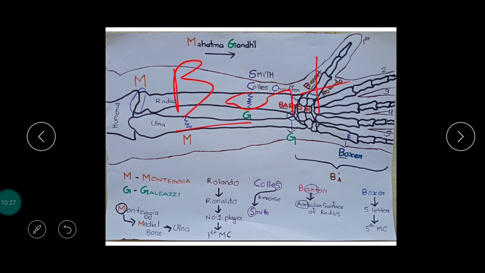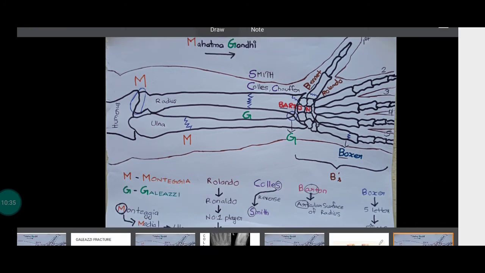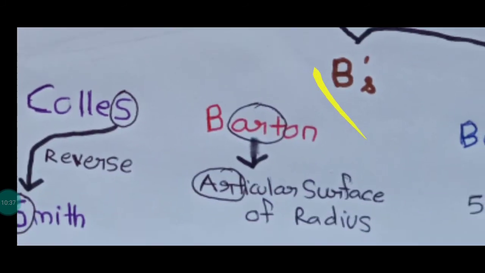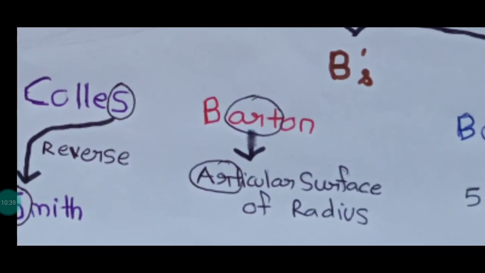Okay, BA. So what is this Barton's fracture? To remember Barton's fracture, just remember this: BARTON. ART stands for articular surface of radius. That is the fracture seen in the distal articular surface of radius.